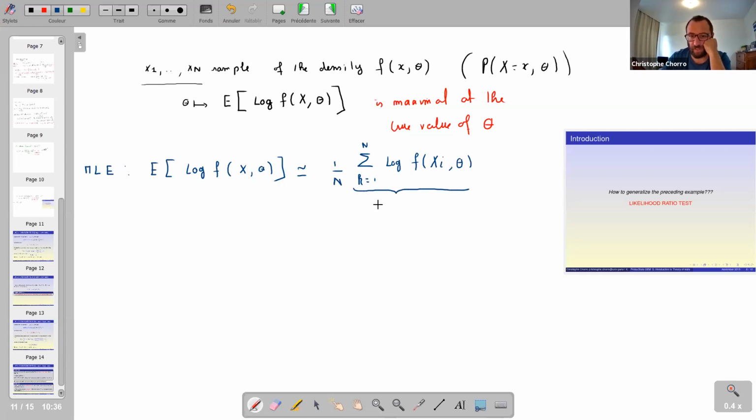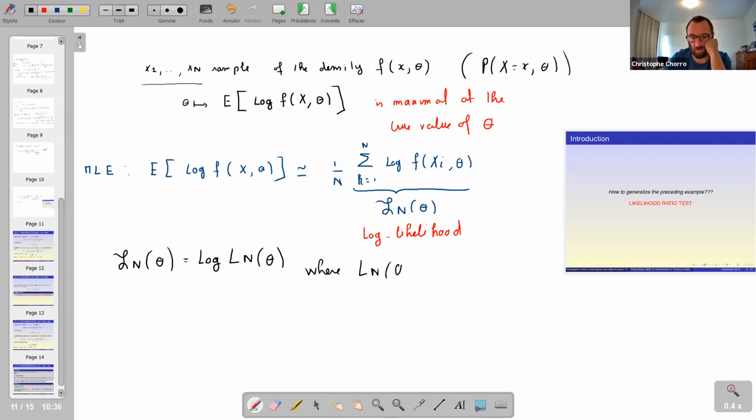This is what I have defined as l_n(theta), my log likelihood. l_n(theta) is just the logarithm of what I have called the likelihood, where the likelihood is the product from i equal to 1 to n of f(xi, theta).